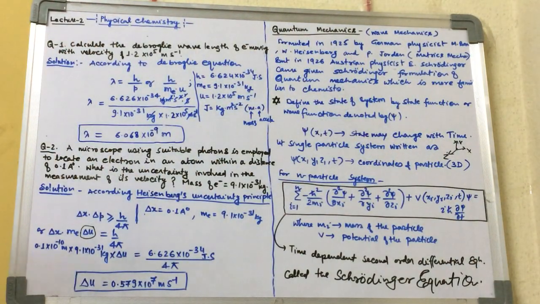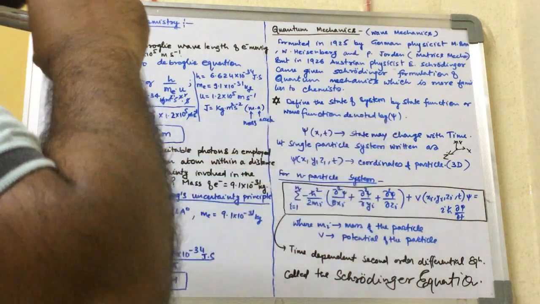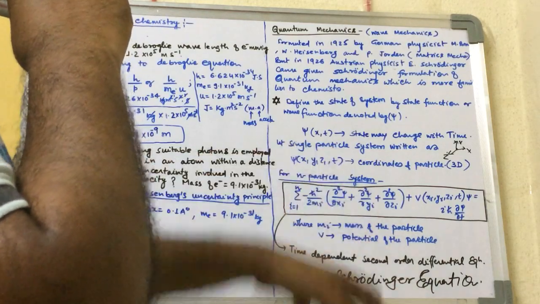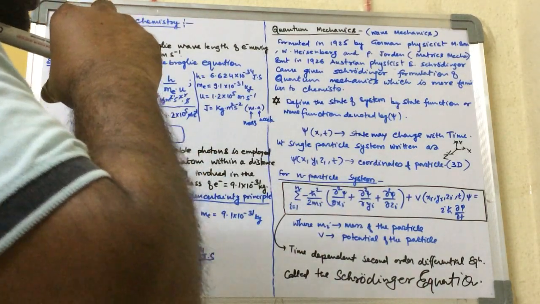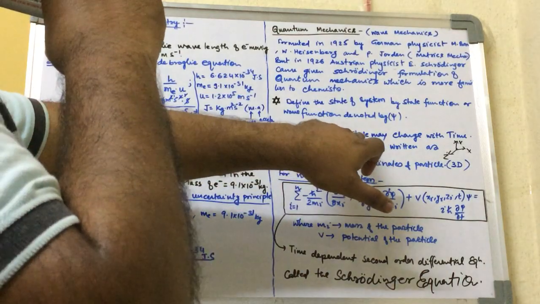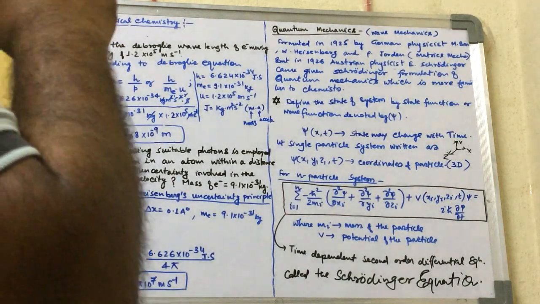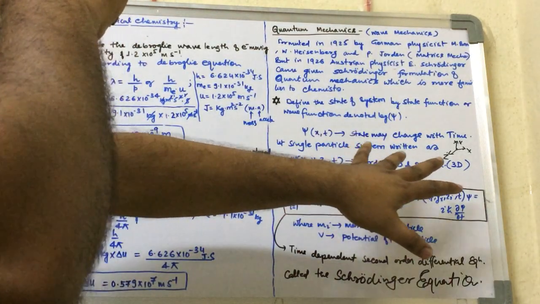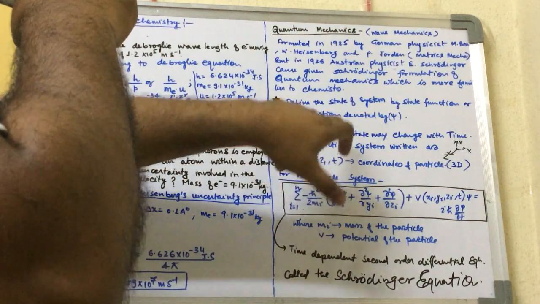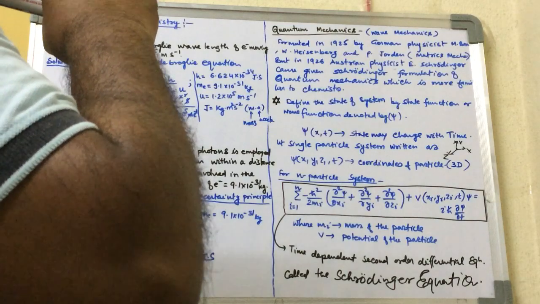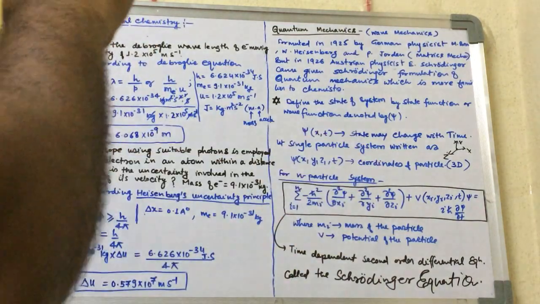Three possibilities there, it can move. So here we take the position of that particle as x, y, z, and t. That moving particle will also change with respect to time, as I mentioned, the state may change with time. These are the coordinates of the moving particle.